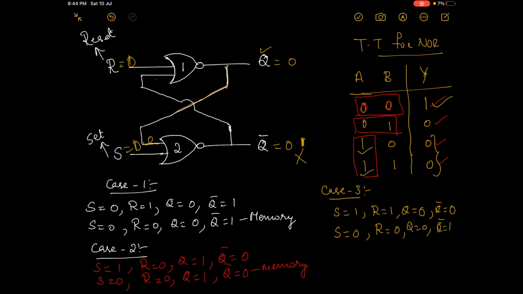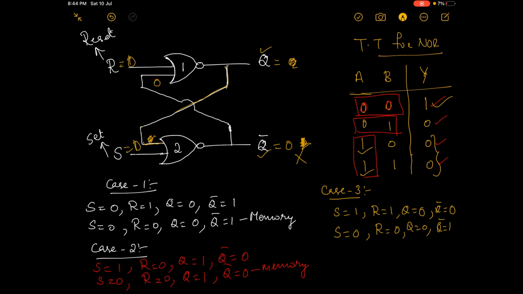Now let me start the analysis from Q bar. You forget all these things. So let me start the analysis with Q bar. What is the value of Q bar here? It is 0.